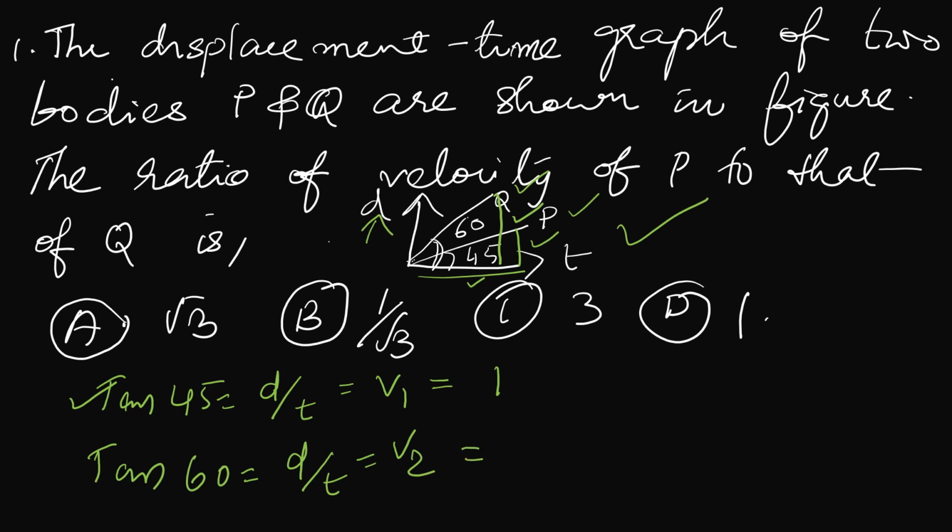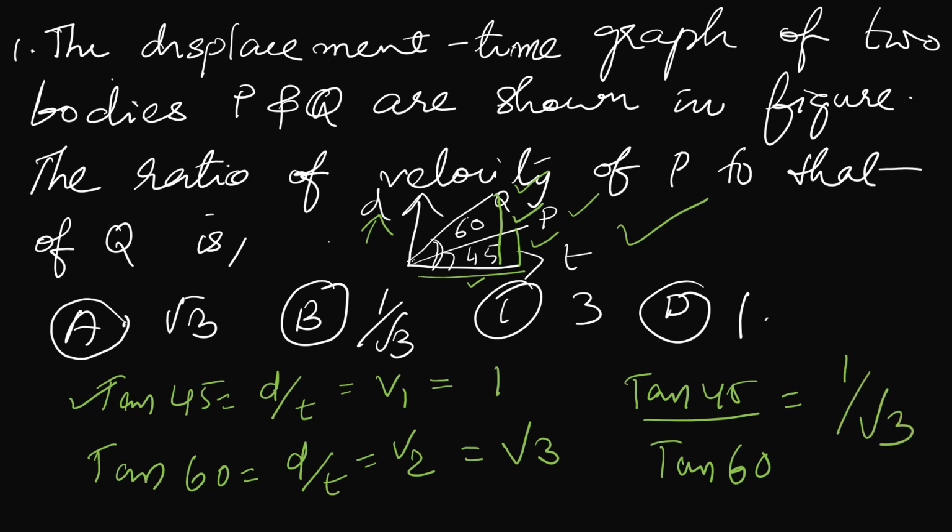V2 you will get for Q. Tan 60 is root 3. So when you find tan 45 by tan 60, you will get 1 by root 3. It is actually V1 by V2. So the correct option is option B, 1 by root 3.